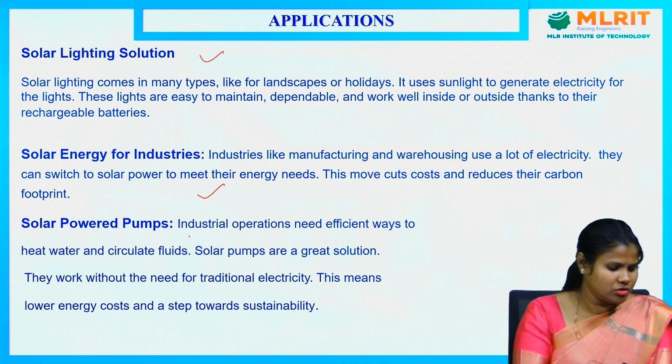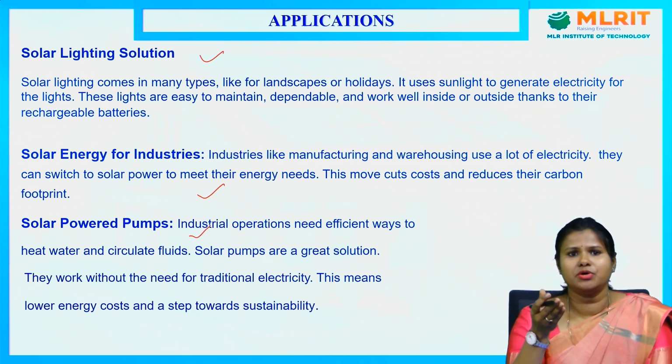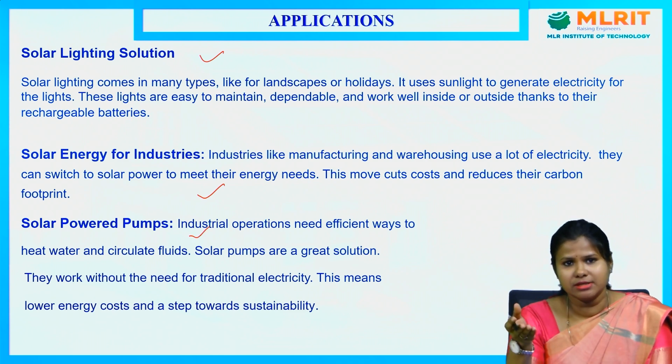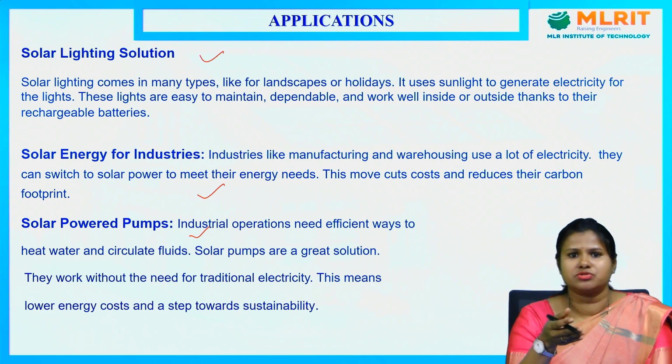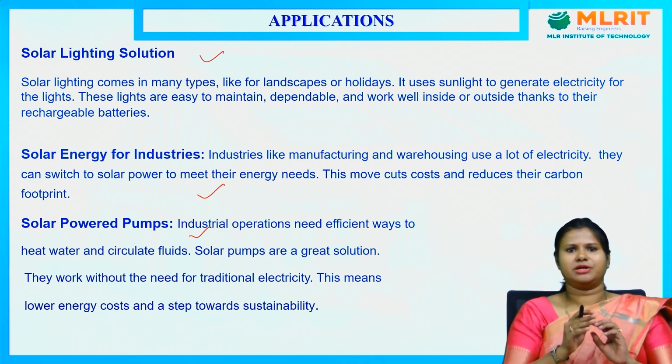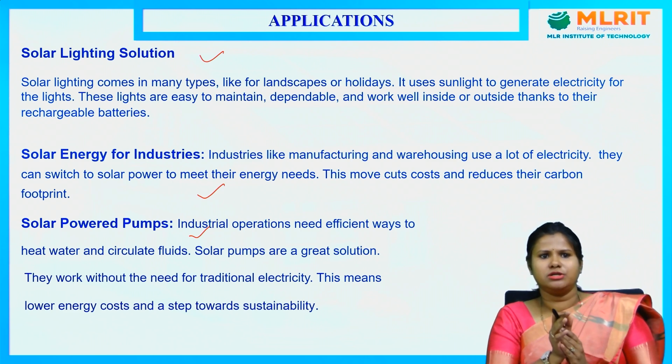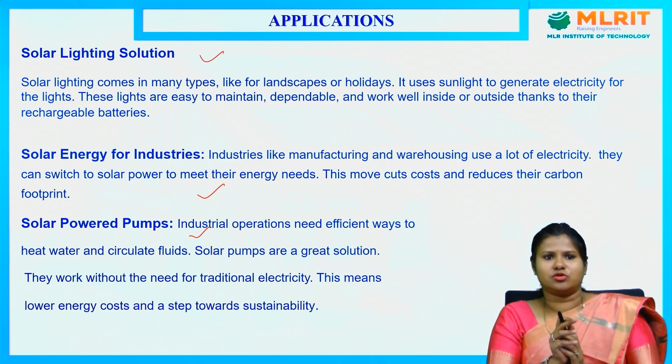Also solar powered pumps will be installed in these industries, which will be a great solution to work without the need of traditional electricity. This means lower energy cost and a step towards sustainability.